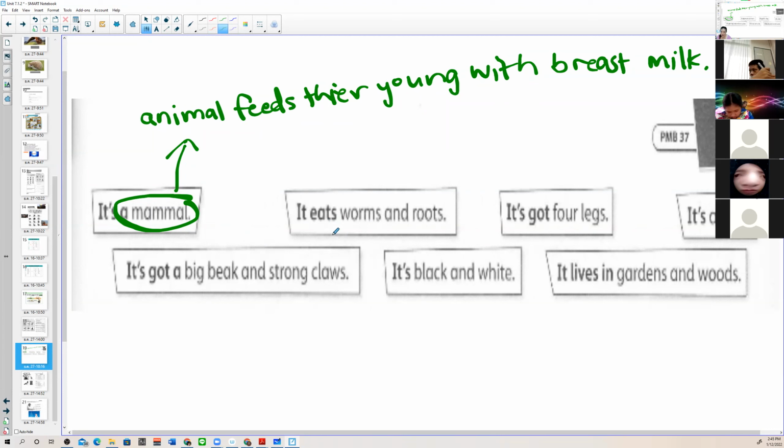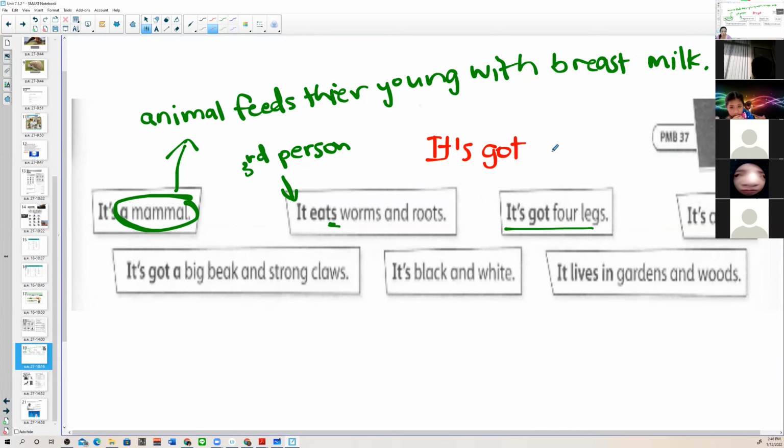Next one, it says it eats worms and roots. That's a third person, right? So this one is the verb tense agreement, add in s. Okay, this one, it's got 4 legs. So can anyone tell me, it's got, what is it short for?